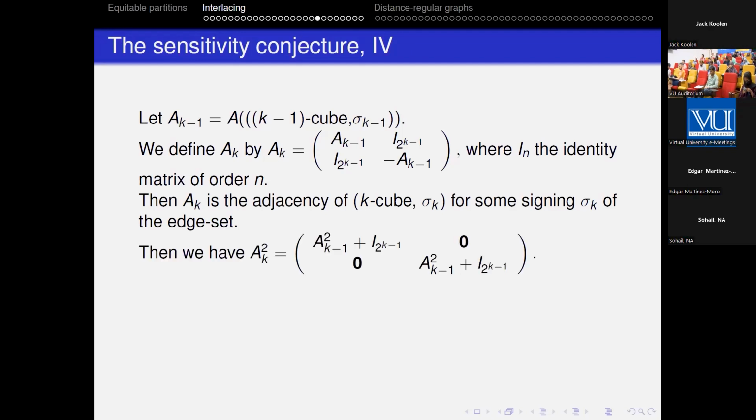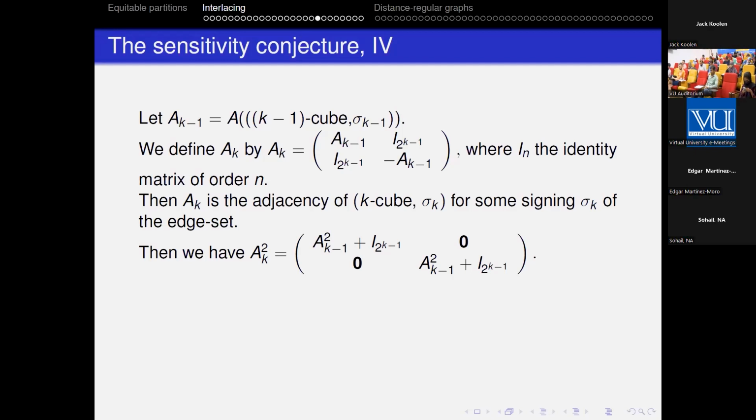But if you now multiply A_k by itself, what do you get? You get the following matrix: A_{k-1} squared plus the identity matrix on the diagonal blocks, and zeros elsewhere.